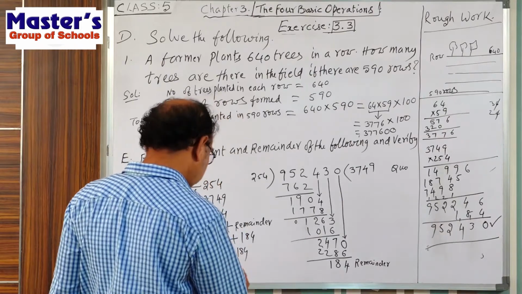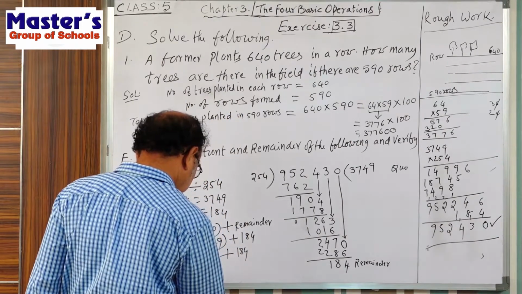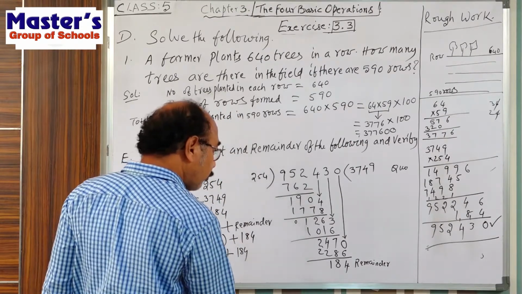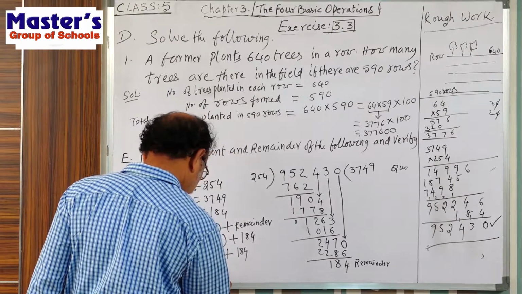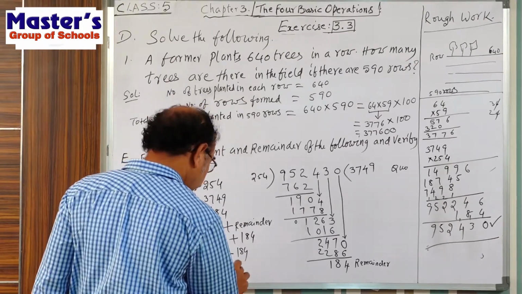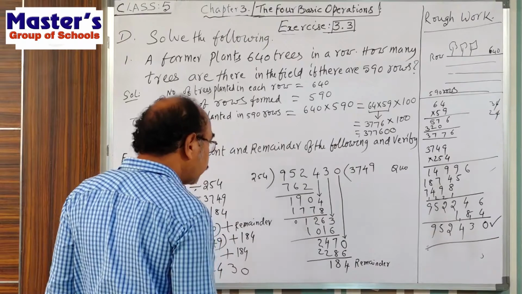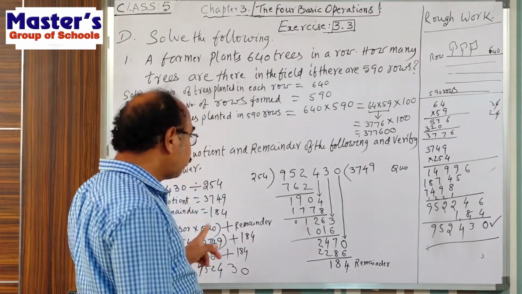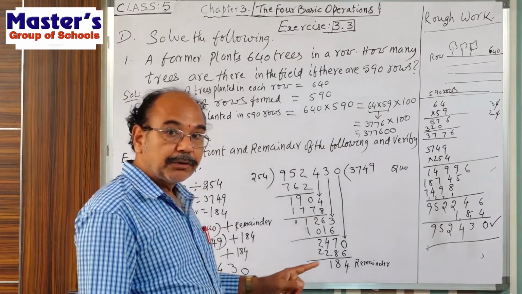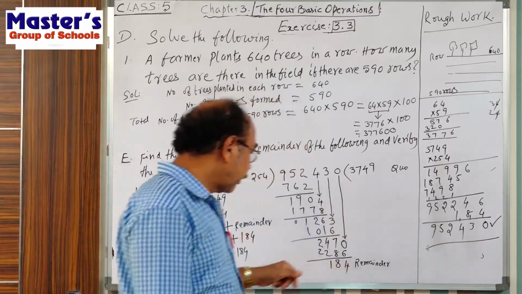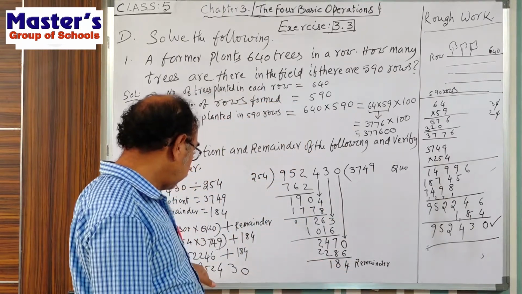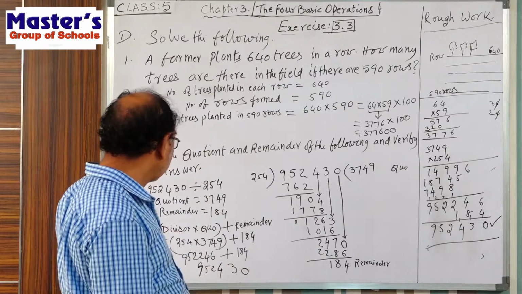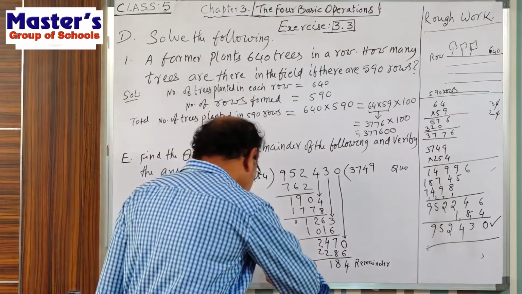After the divisor and quotient are multiplied and the remainder is added to that product, we got 952430. So your sum is correct.